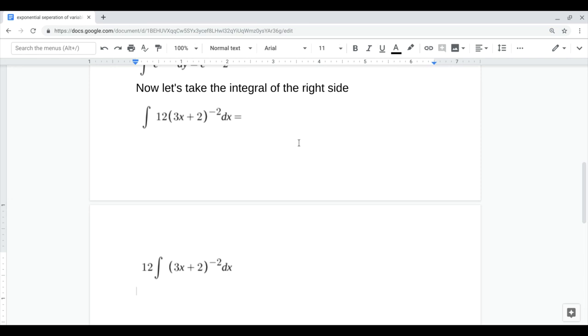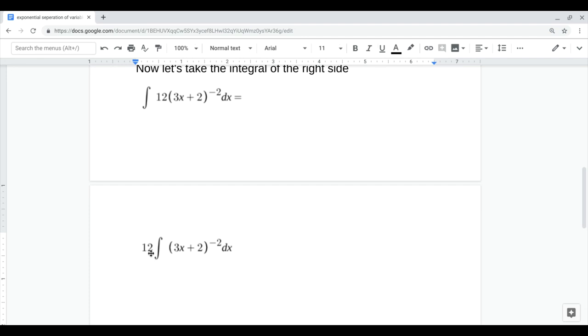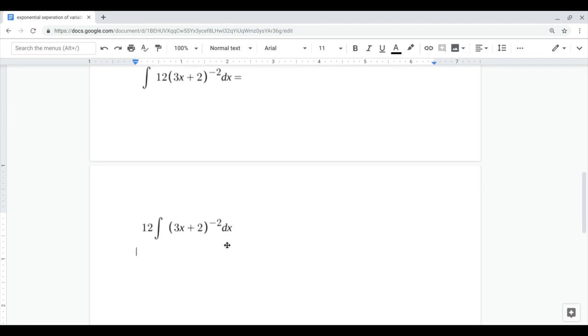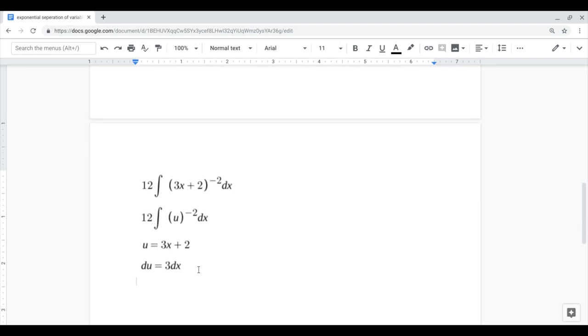This, we're going to have to use u substitution. So we put the 12 on the outside of the integral because we can always multiply it back if we want to. So 12 times the integral of (3x + 2) to the negative 2 power dx. So we're going to want to do u substitution.